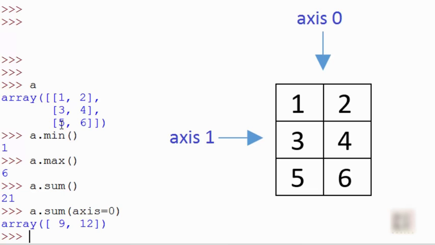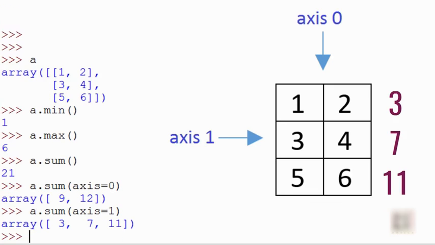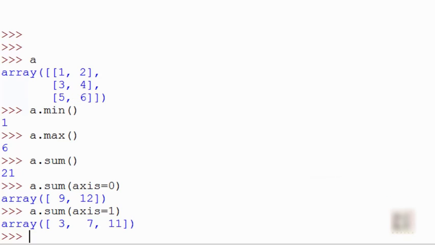So it added these numbers together, 5, 3, 1, which is 9, so it printed 9. 6, 4, 2 is 12, so it added these together and printed 12. If you want to sum all the elements in rows together, then you use axis 1. So here 2 and 1 is 3, 3 and 4 is 7, 5 and 6 is 11. So that's what it did. That's what the axis means here.